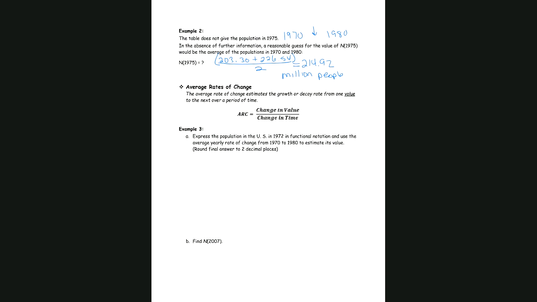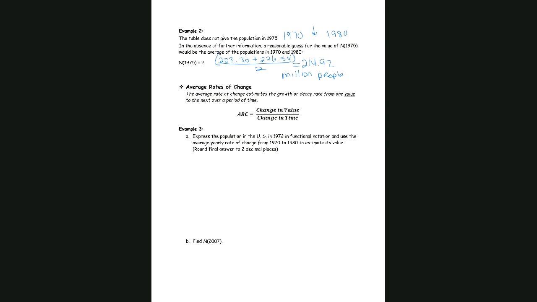So we want to find the estimated population for 1972. We must find the average rate of change between 1970 and 1980. 1972 is 2 years from 1970, so if we know the value for 1970, we can add the growth to that value to get 1972.